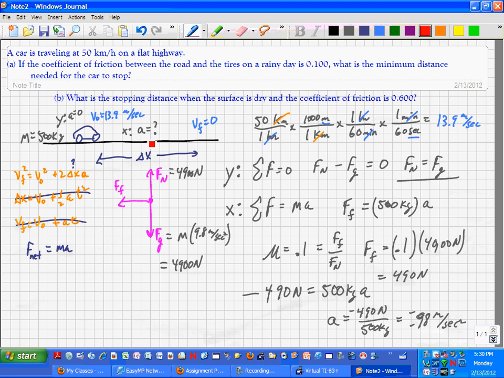So I've got V final squared, which is 0 squared, equal to V initial squared, 13.9 meters per second, squared, plus 2 times the change in position, which I'm looking for, times negative 0.98 meters per second squared.